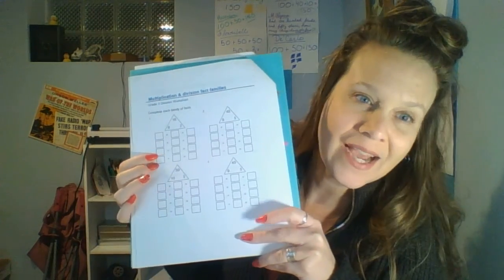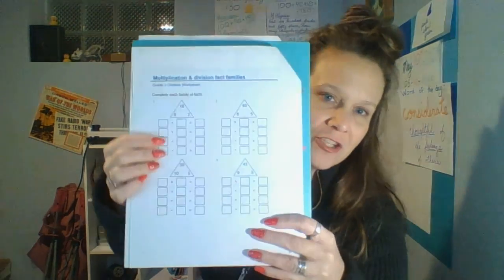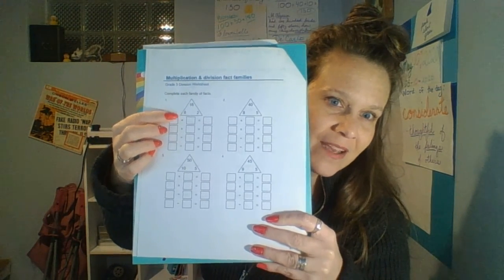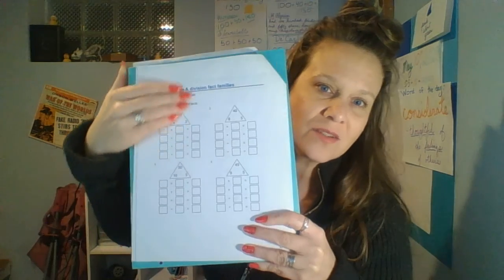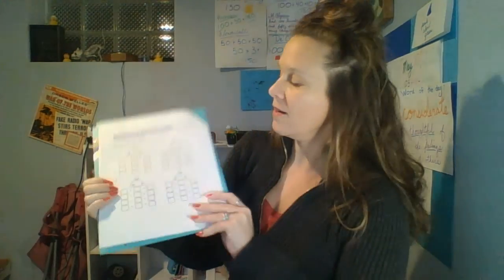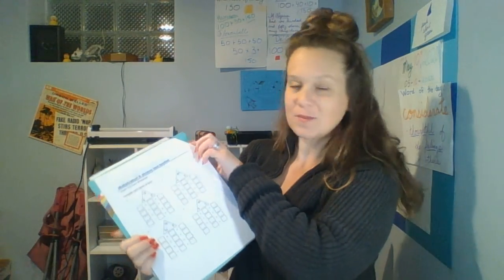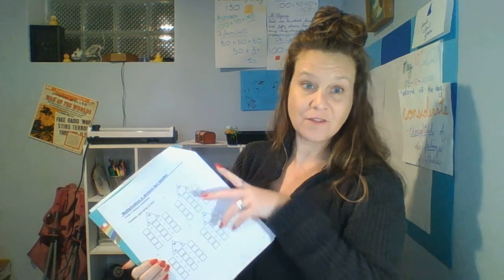When we go to divide, obviously we have to start with the largest number, which is 16. What if I shared it with 8 friends? How many would everybody get? What if I shared it with 2? So just filling these out into our multiplication and division fact families.